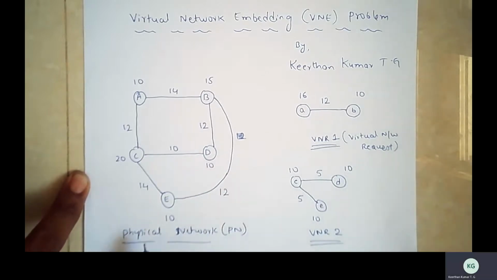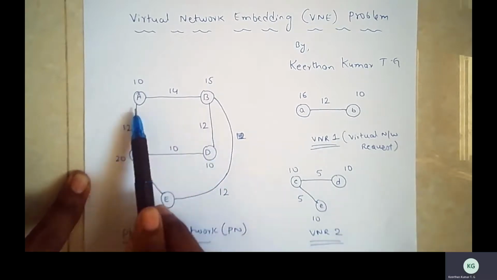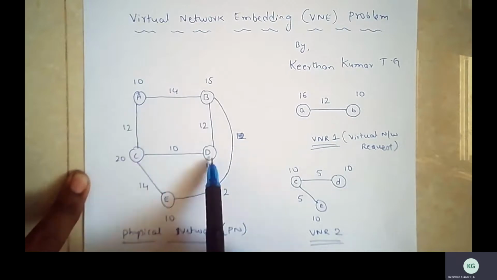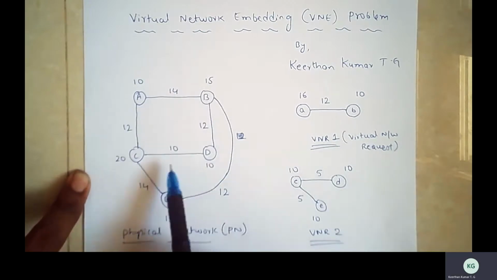Since it is an undirected graph, the circles represent nodes and the links represent edges. In the physical network, the nodes belong to servers. For example, in the physical network graph, we have 5 nodes, namely capital A, capital B, capital C, capital D, and capital E. All these 5 nodes are called physical servers.